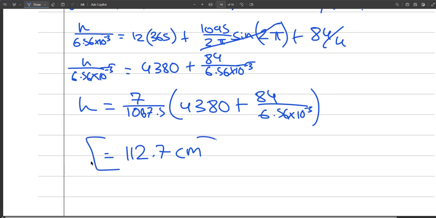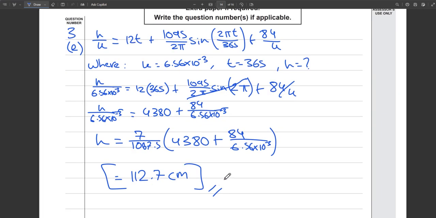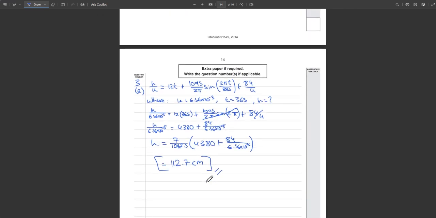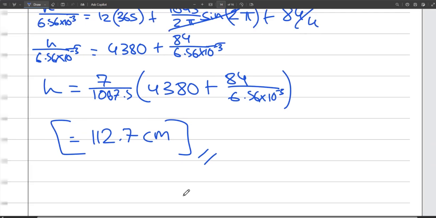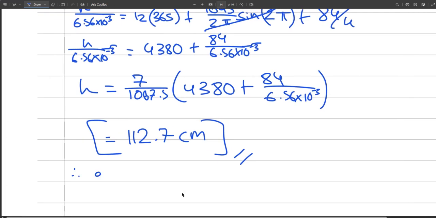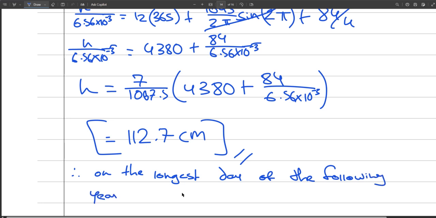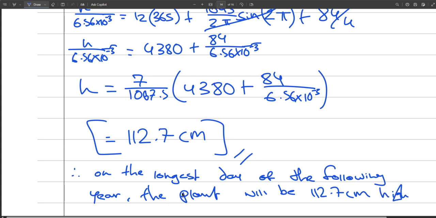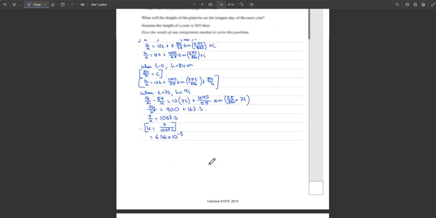So I get 112.72 centimeters. So I could just put that into words. Therefore, on the longest day of the following year, the plant will be 112.7 centimeters high, according to this differential equation.